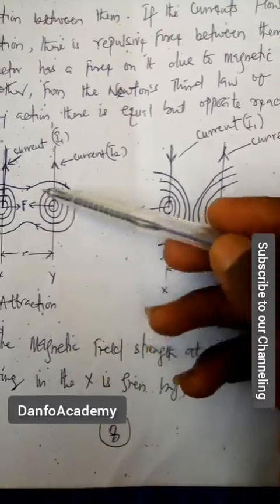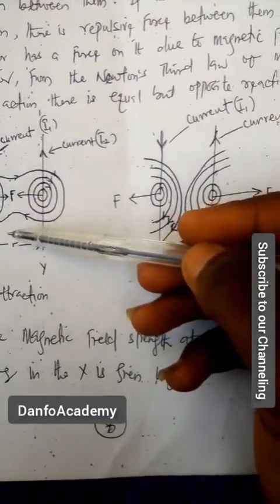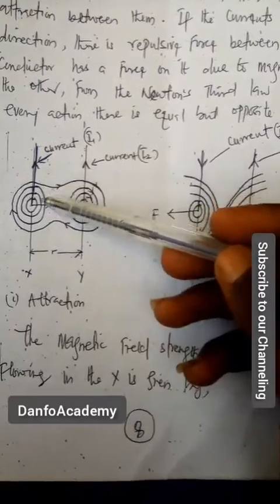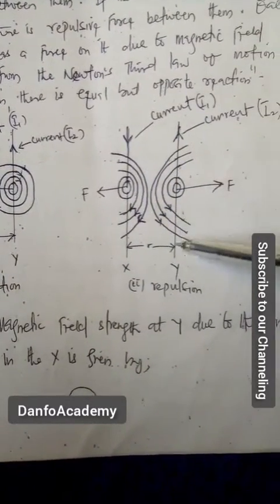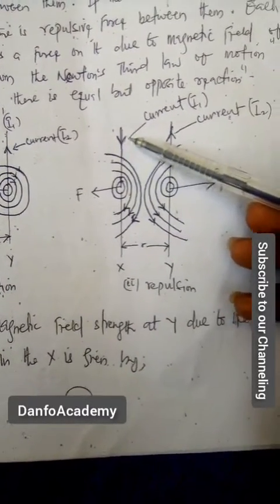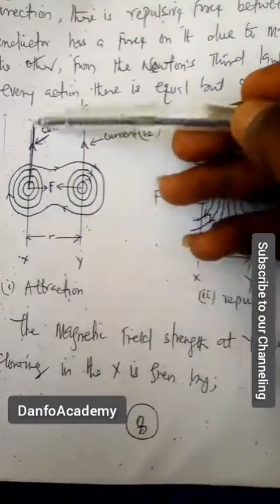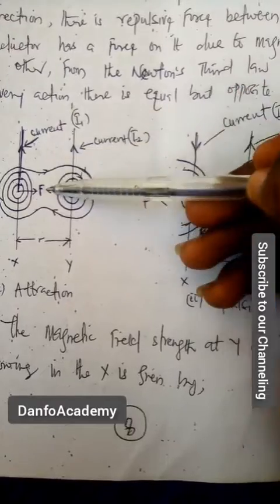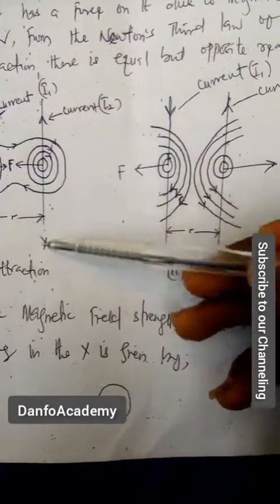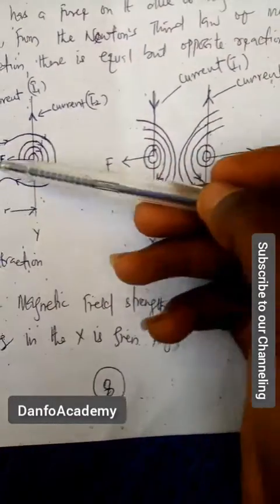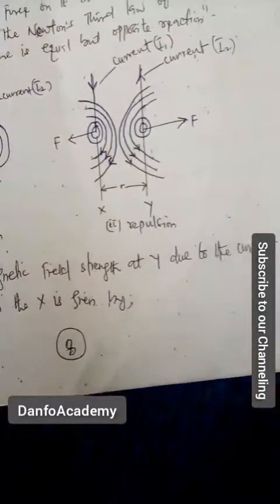If the currents flow in opposite directions, that's repulsive, as you can see here. This is a repulsive sign. It's flowing in different directions. But if they are flowing in the same direction, as you can see here, it means it's attraction. There's a force of attraction between conductor A and conductor B.